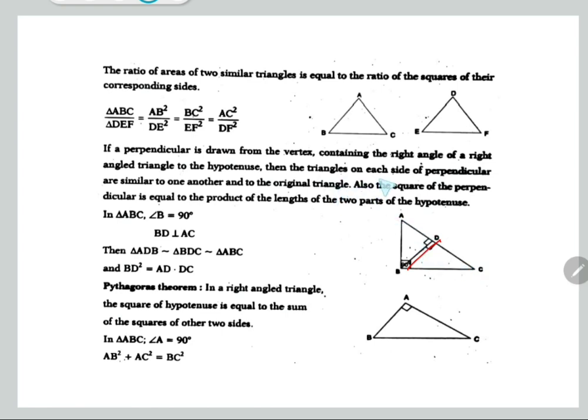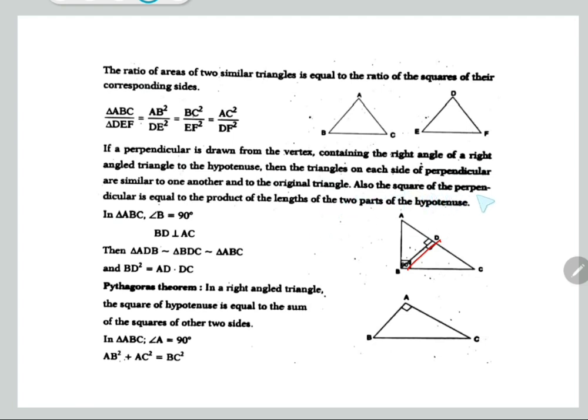Then the triangles on each side of the perpendicular, this one and this one, that means triangle ABD and triangle BDC, are similar to each other and to the original one. ABD is similar to ABC and BDC is also similar to ABC.